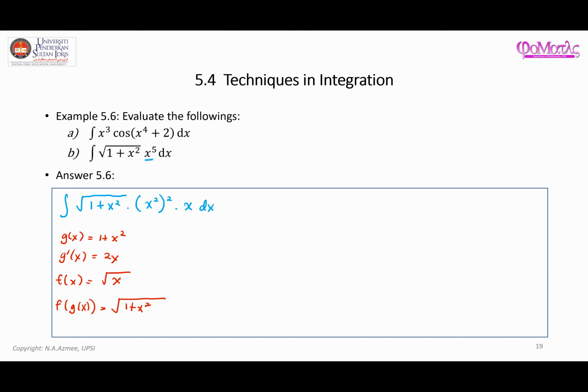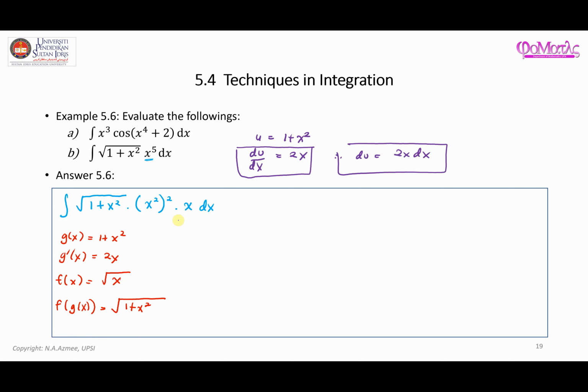Because of that, you can use a substitution method where u is going to be 1 plus x squared. du dx is just 2x, and therefore du is equal to 2x dx.